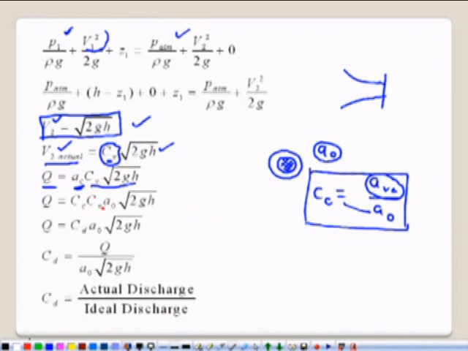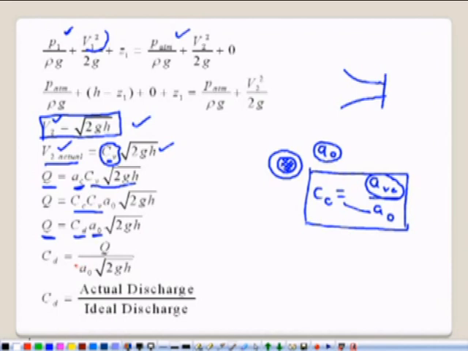Actual velocity is Cv multiplied by root 2gh. Now, if we write Cc into Cv, where Cc is known as the coefficient of contraction and Cv is known as the coefficient of velocity, and the Cc and Cv multiplication is designated as Cd, where Cd is known as the coefficient of discharge, then Q actual is equal to Cd A naught root of 2gh, where A naught is the area of the orifice and H is the head available in the tank.